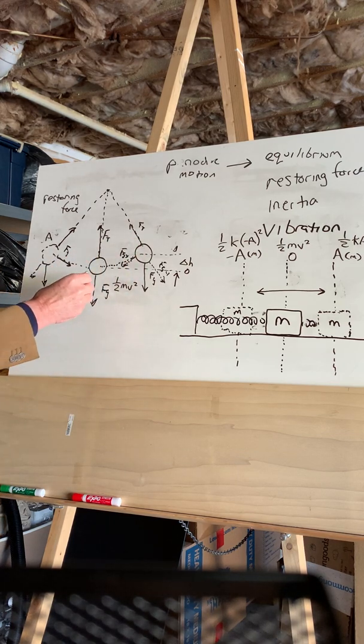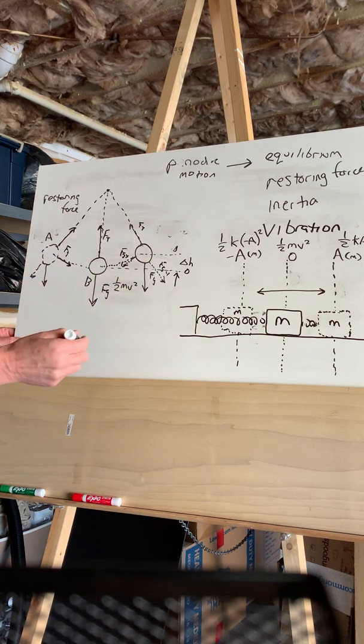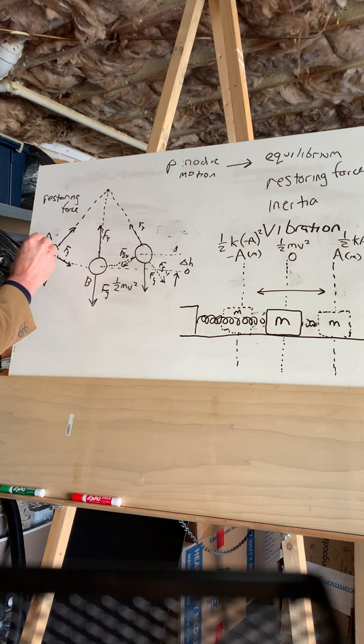But what I want you to notice is that mass has returned to point B here, but it's going in the opposite direction. So the system has not returned to its original state. It's got to go back here and then to here.